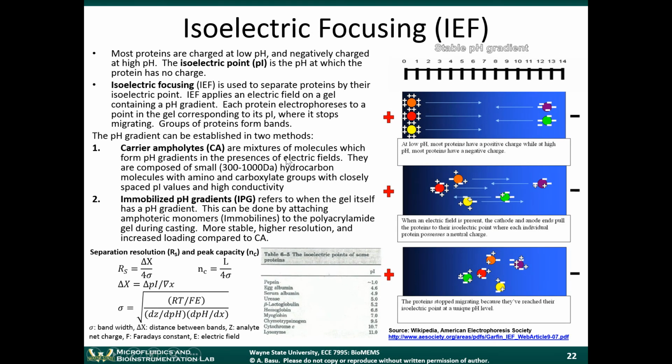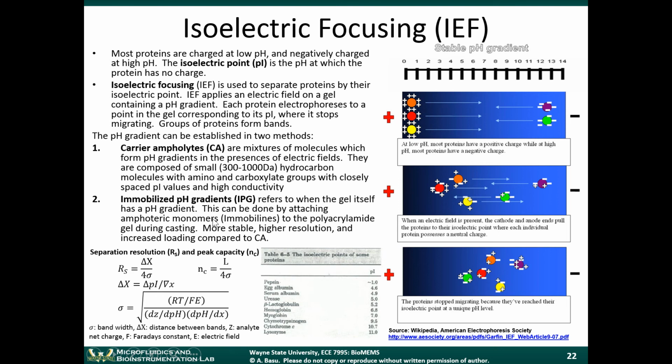They're mixtures of molecules which form pH gradients in the presence of electric fields. So if the gel was doused with the carrier ampholytes and you apply an electric field, they'll actually create a pH gradient. We're not going to go into the details of how that works, but just know that it does.